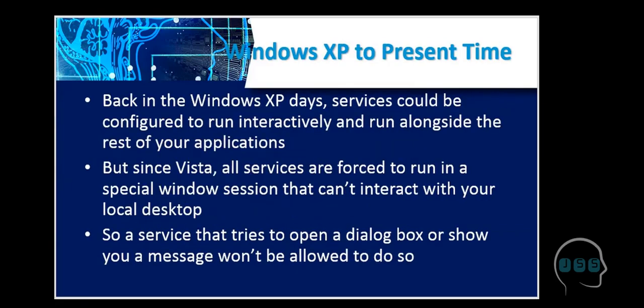If we talk about legacy operating systems, we have Windows XP, so much legacy, as you know. What was done there? The services were run along with your daily processes. What does it mean?